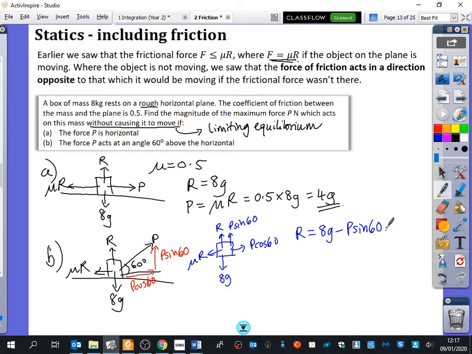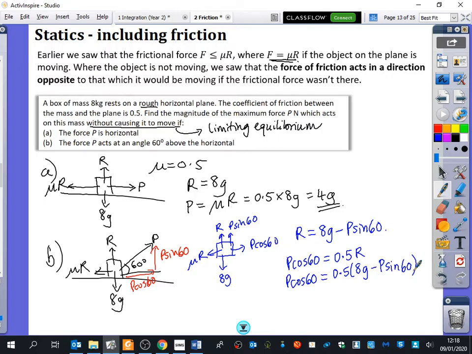So now I can say, because it's still in limiting equilibrium, that P cos 60 is equal to mu R. Mu in this question is 0.5. So I might just take it a bit more slowly there. So I've got 0.5 R. So P cos 60 is equal to 0.5 times by 8G minus P sin 60.